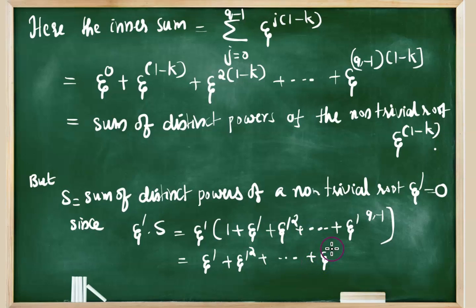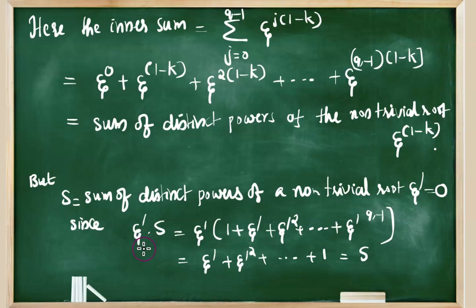Zeta dash raised to q minus 1 into zeta dash will be zeta dash raised to q, and that will be equal to 1 itself. So this is nothing but our sum of all distinct powers of this non-trivial root zeta dash. That is our S itself.